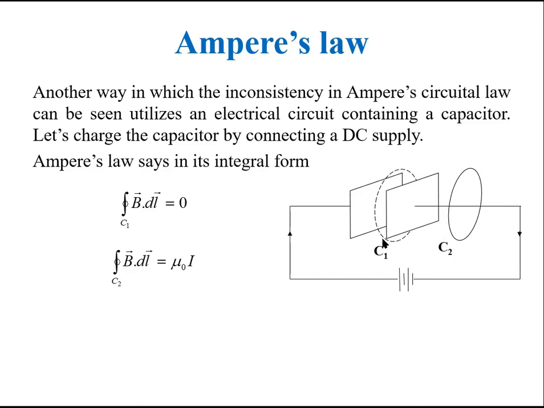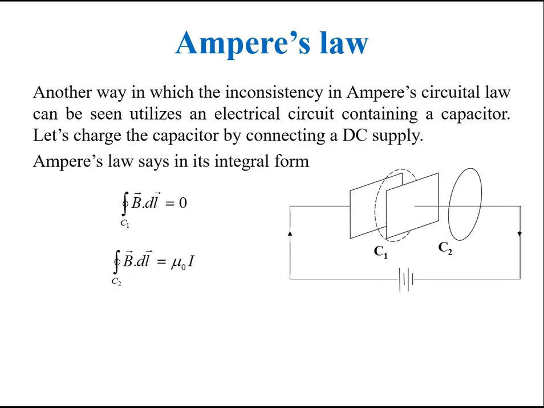In them, the loop C1 does not have any charge flow or the current through it because it is inside the capacitor, but the loop C2 does have a current I drawn by the battery in the circuit. Now the Ampere's law in integral form for both the loops reads this equation and this equation. Here I enclosed is the current drawn by this battery using the flow of electrons.